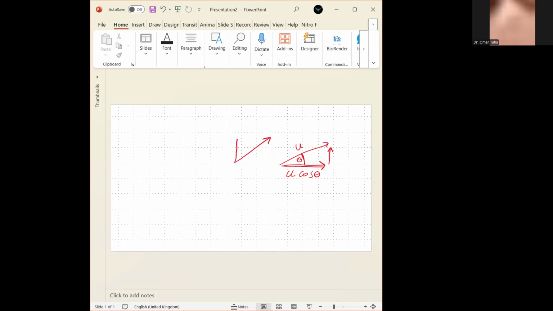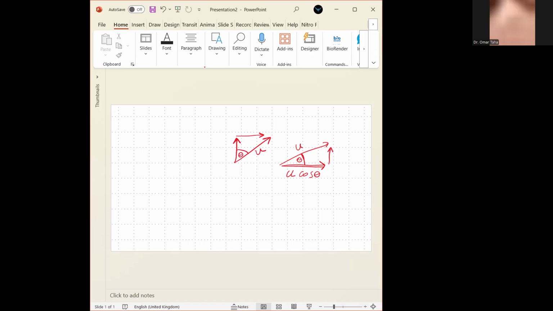This is the vector u and the two components: just the vertical component, and the other one here is the horizontal component.